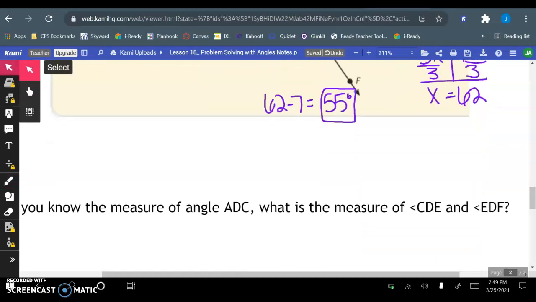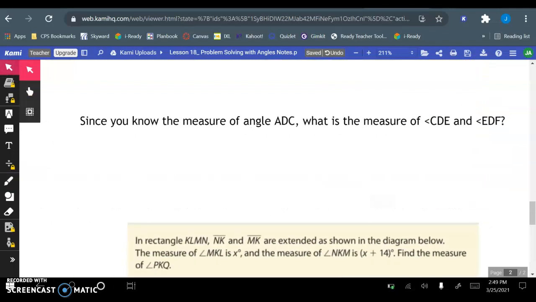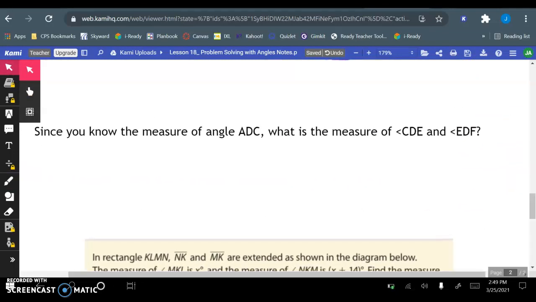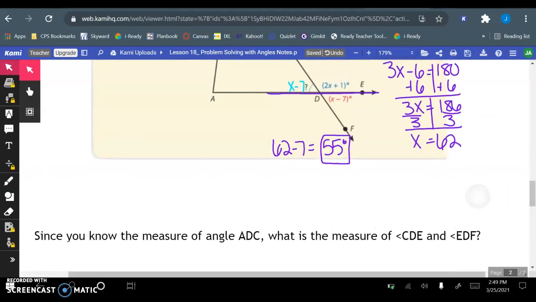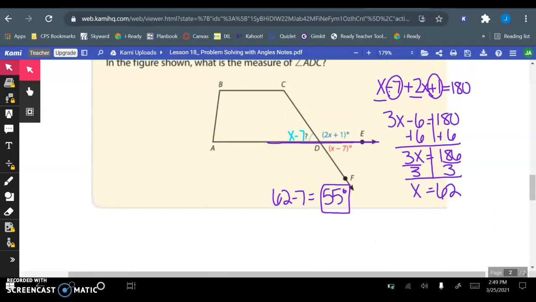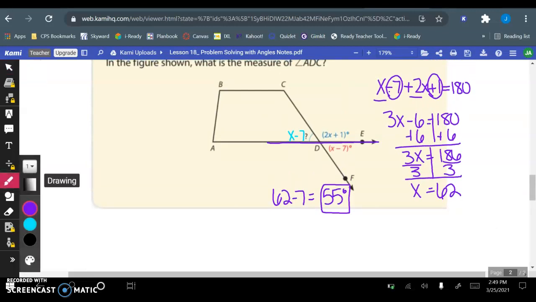All right, since we just figured out that angle ADC was 55, what is the measure of CDE? CDE is that 2x plus 1. Well, I can do the same thing. I can do two things, actually. I can plug that 62 in for the x, so I can do 2 times 62 and then add 1 to that.